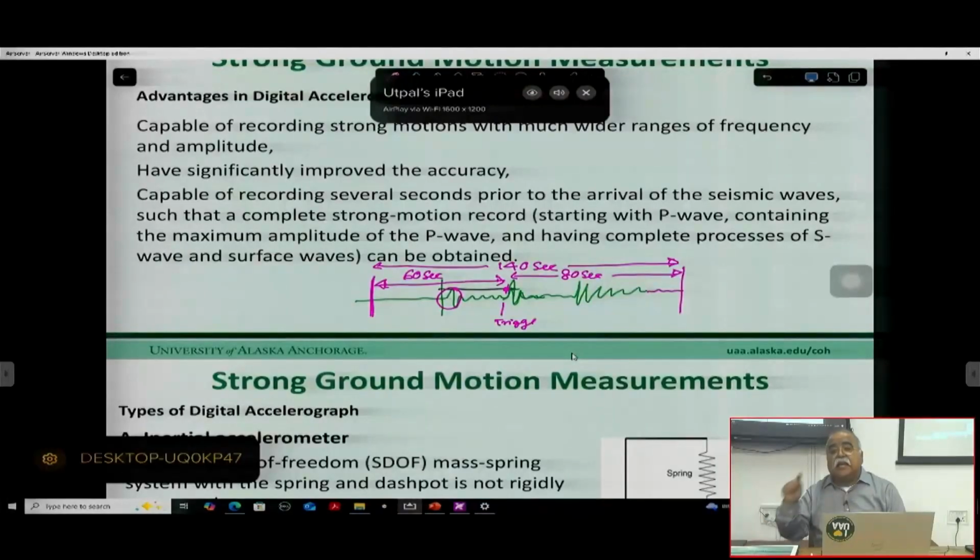That is done for a single trigger level. But it might also happen that this is the trigger level, and this is the amplitude, and it has crossed the trigger level several times. It will go 60 seconds back from the first crossing, but if the last trigger is here, from there it will take 80 seconds.